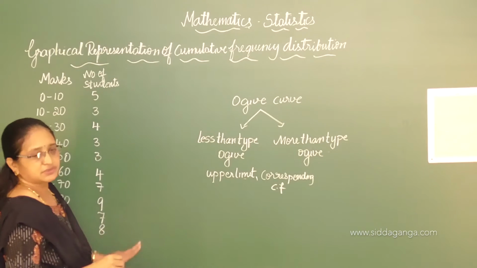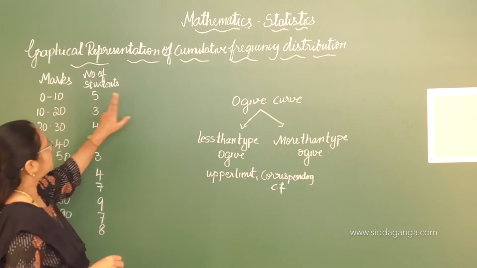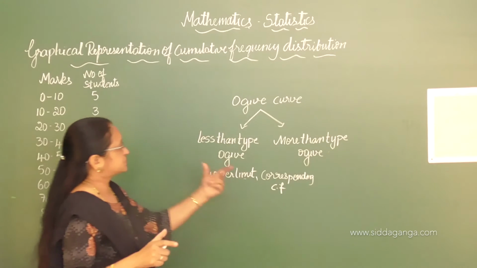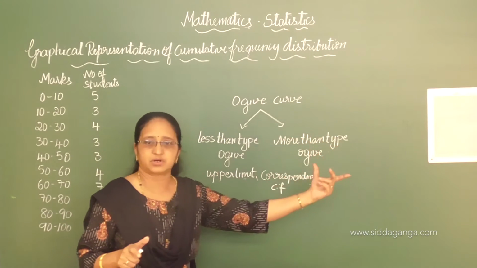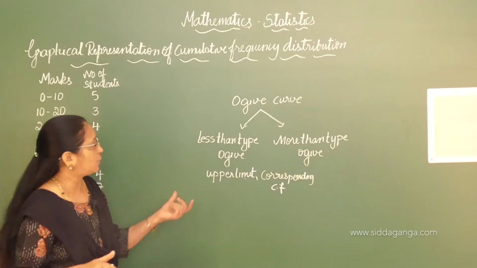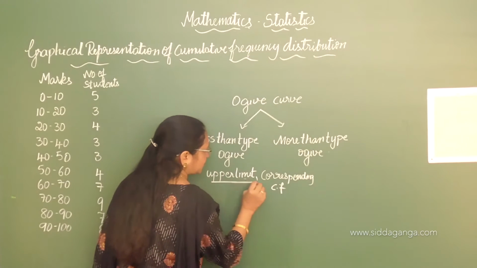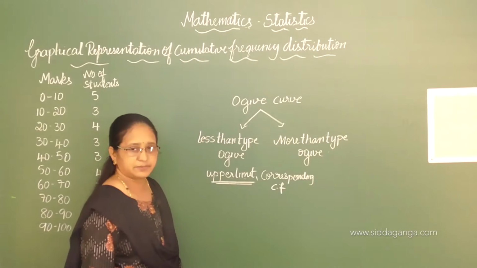So you will get a cumulative frequency. These are the two points, the coordinates we say. Those points you have to take and plot the graph, and that will be for the less than type ogive. So here it is very important that you take the upper limit.